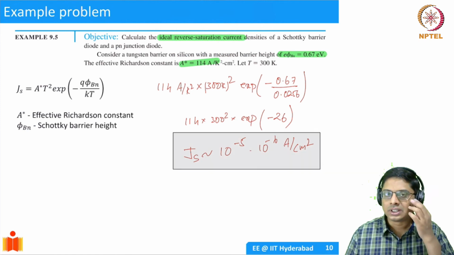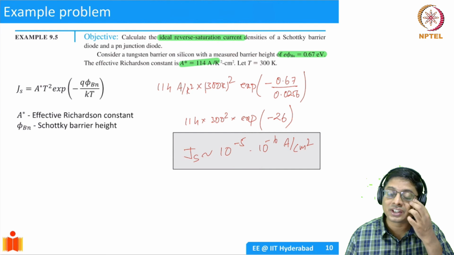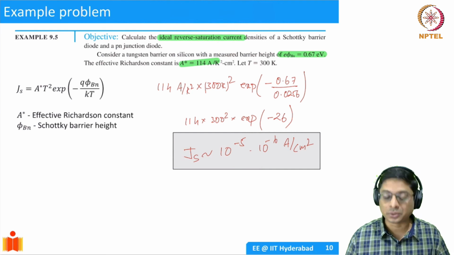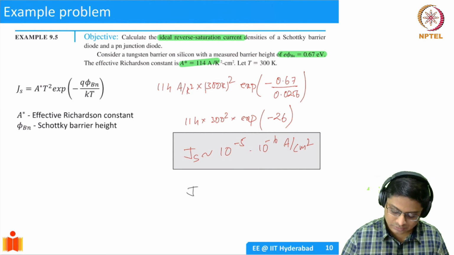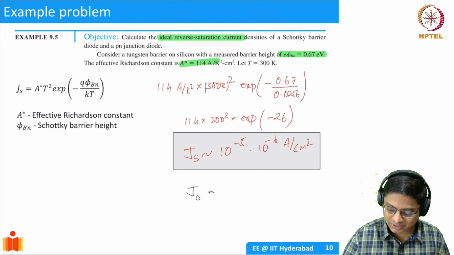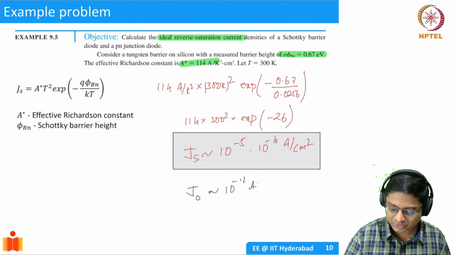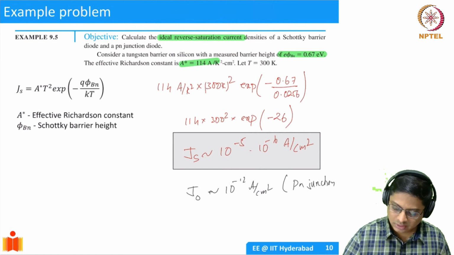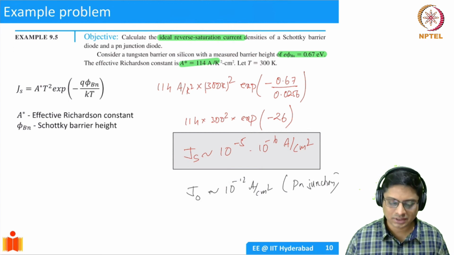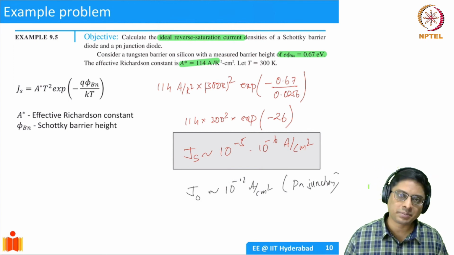What this is telling you, you remember how much was the reverse saturation current in a PN junction diode? J0 was approximately 10 power minus 12 amps per centimeter square in a PN junction. This is an important difference between the Schottky barrier and a PN junction.